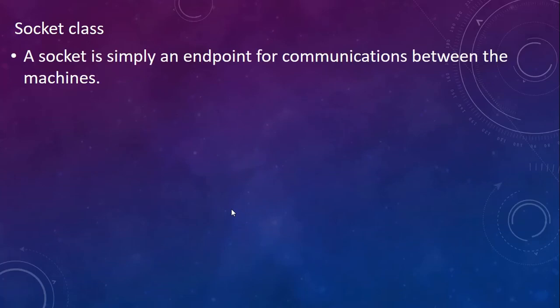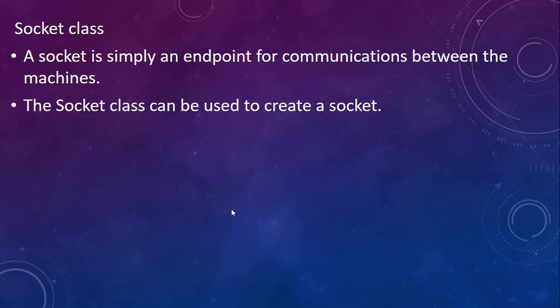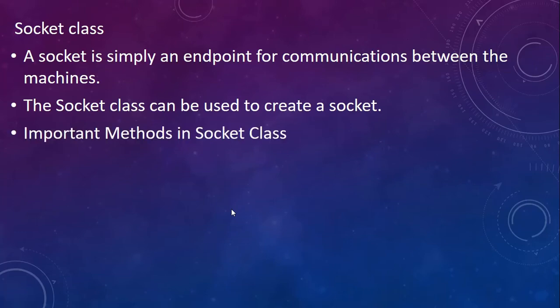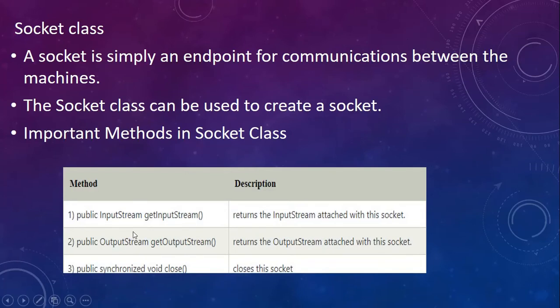Let's go ahead and see the socket class. A socket is simply an endpoint of communications between the machines, as we have already spoken about. Socket class can be used to create a socket, that's a client socket. Now there are some important methods in the socket class. You have the getInputStream method, which returns the input stream attached with the socket.